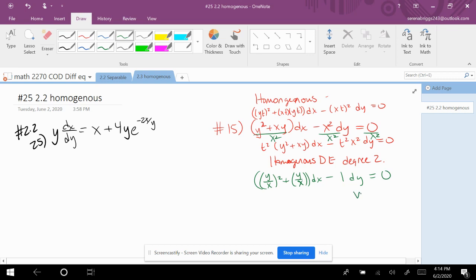And so if I let v be y over x, so that y is vx, my dy is just v prime x plus v. That quantity is what would go in place right here for dy, and then I could put v's in each of these.